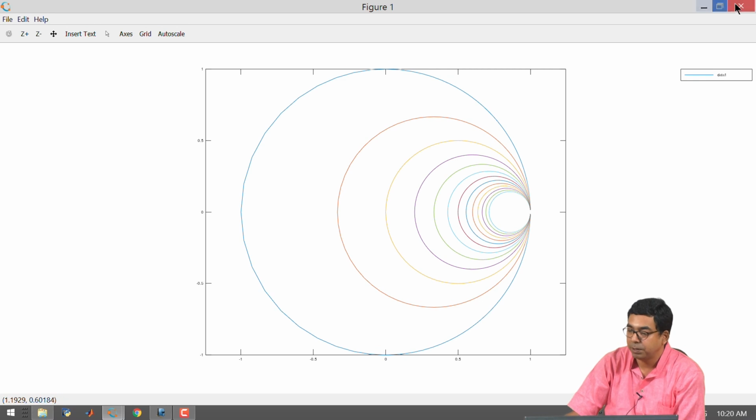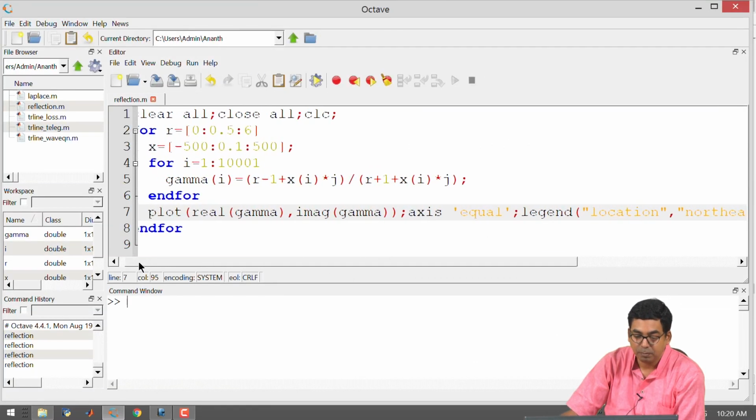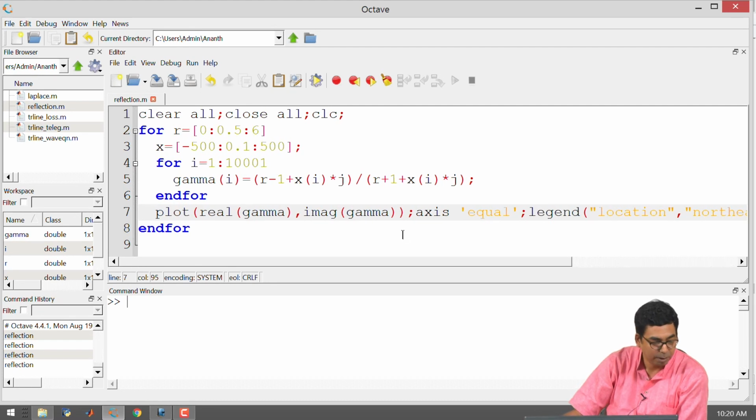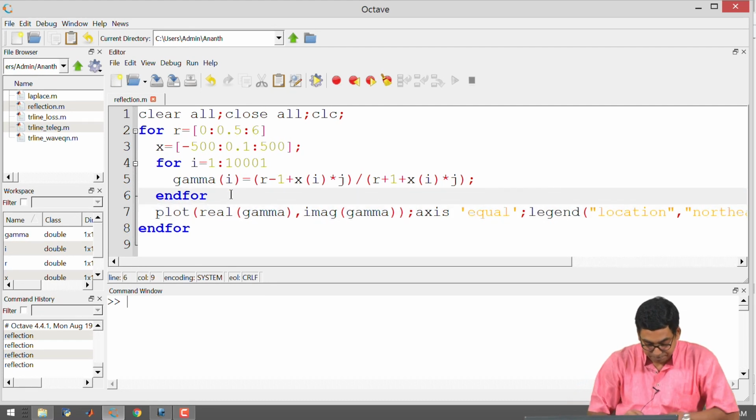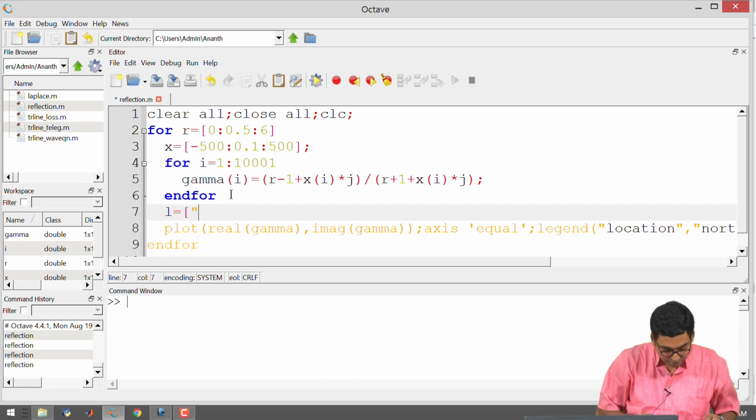Okay. So, just to be safer, I will just correct this plot legend. I will just include a string which I will create for drawing the legend. So, I am just saying r equal to in text.